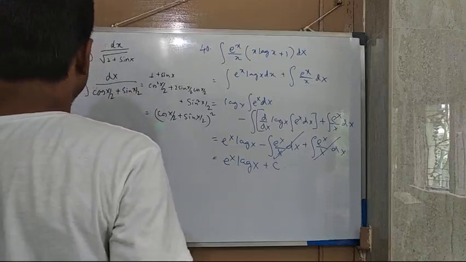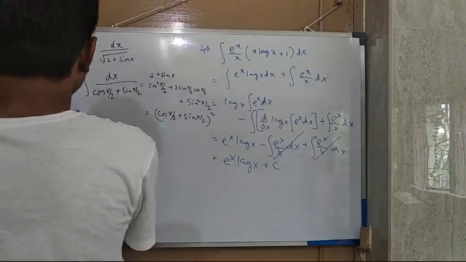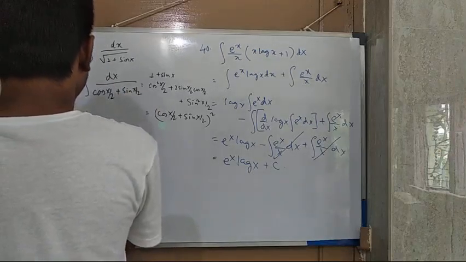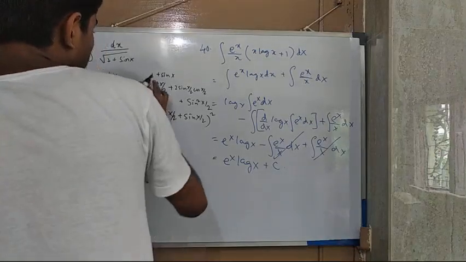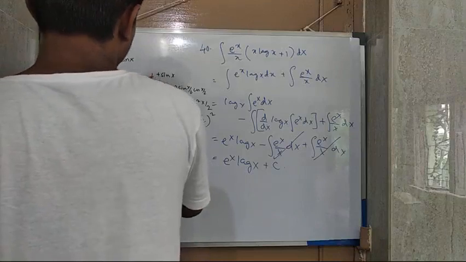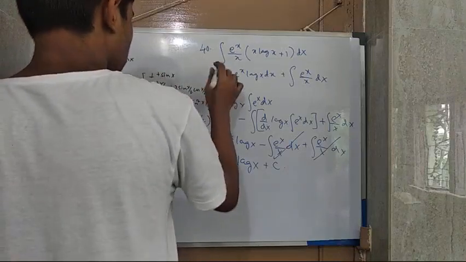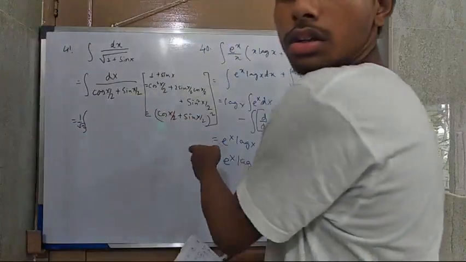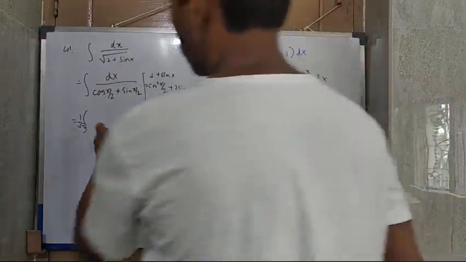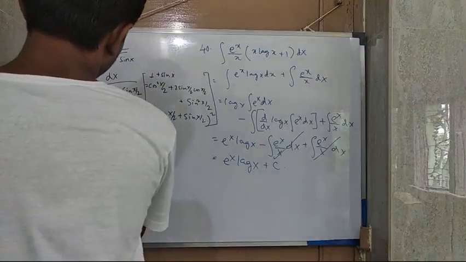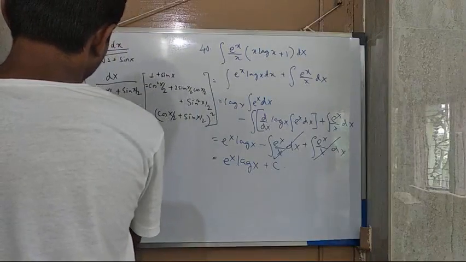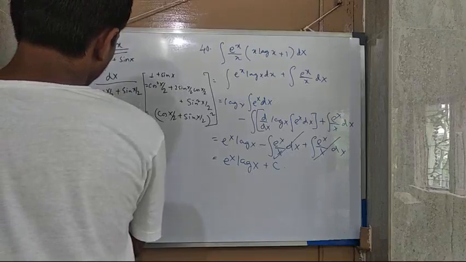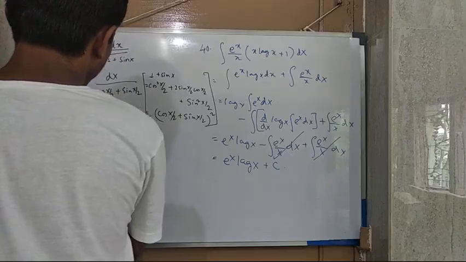Okay, now let's just take 1 by root 2 outside, and dx by 1 by root 2 cos x by 2 plus 1 by root 2 sin x by 2.